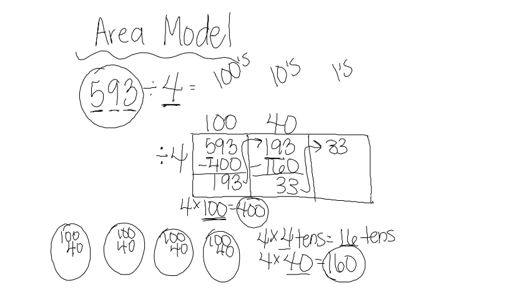Now I have to think 4 times how much would get me as close to 33 as possible without going over. Knowing my multiplication, I know 4 times 8 is 32. So 32 is definitely going to be the closest I can get to 33, because 4 times 9 is 36 and that's too much.